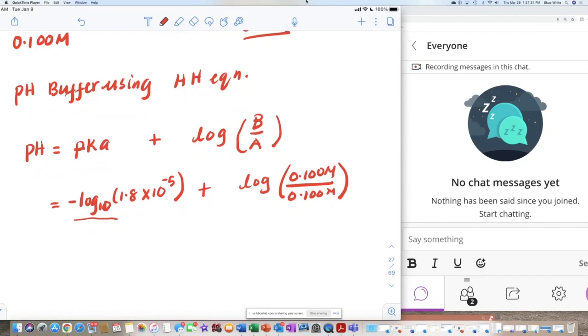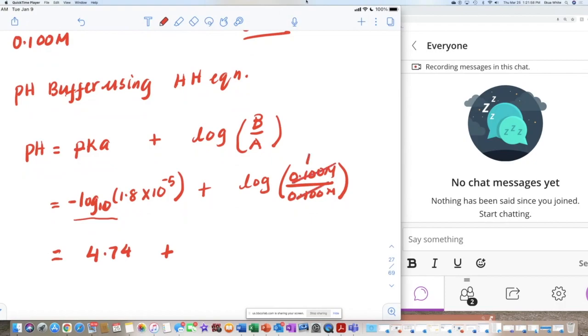So I'll take my calculator, which is now back to sleeping. I'm just trying to find my log, okay? Parentheses, 1.8 exponent negative 5, close parentheses. Here I get 4.74, okay? Plus, this divided by that is 1.